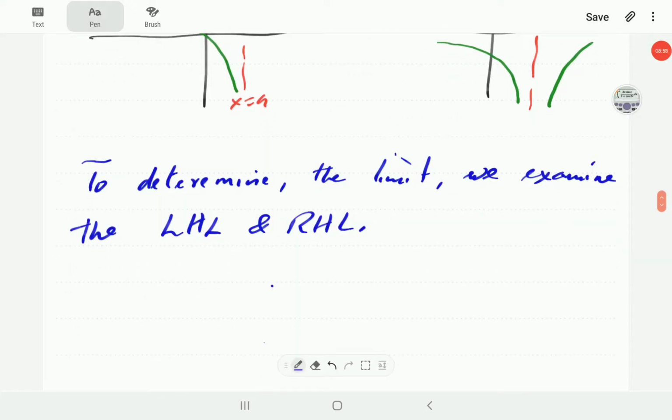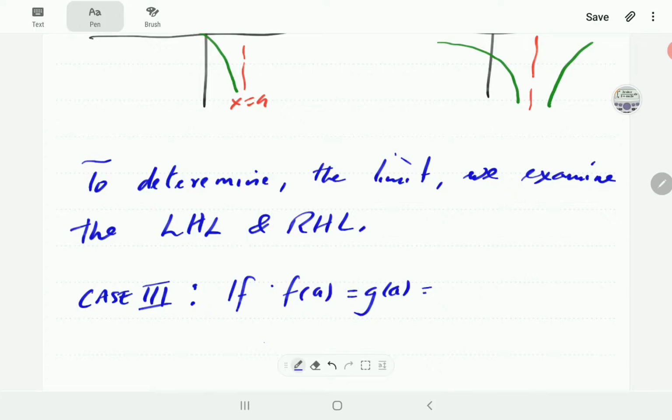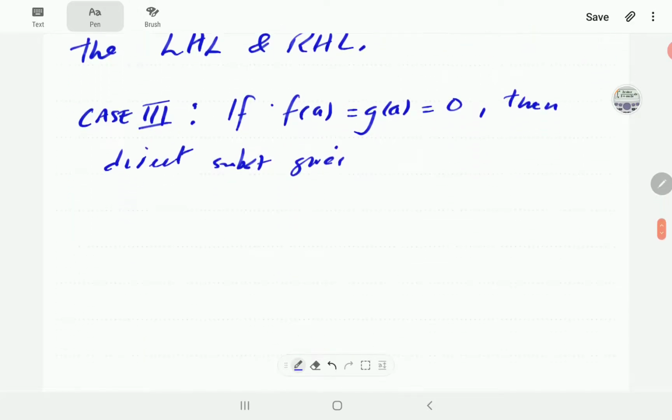All right, then case number 3 is the case where both f of a and g of a are equal to 0. Then direct substitution gives the following.